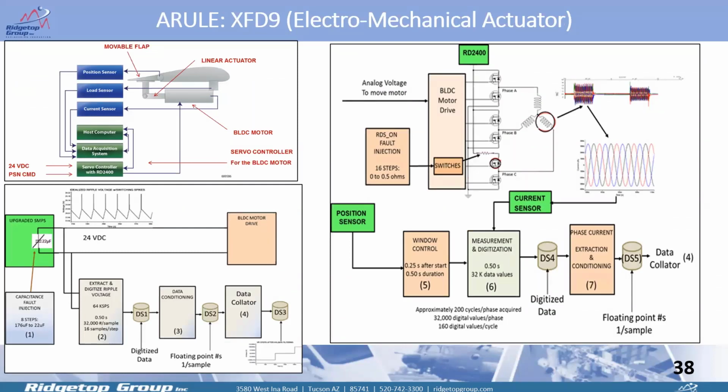It was for NASA. What we were charged with was to see if we could set up a PHM system to detect damage to an electromechanical actuator. The damage was to the power supply, damage to the switching transistors, damage to the stator windings of the motor, and load errors or friction errors on the shaft.